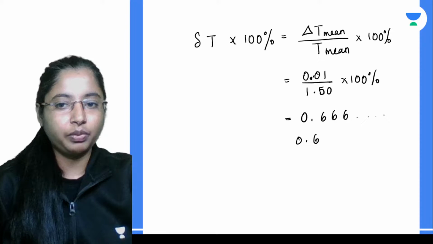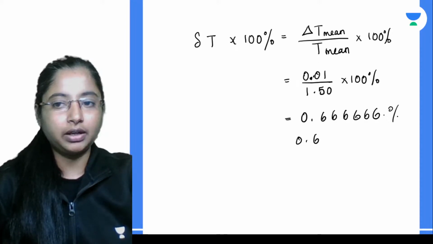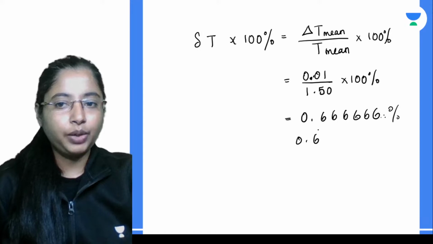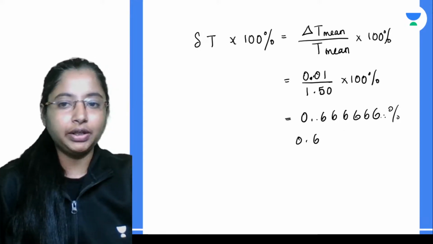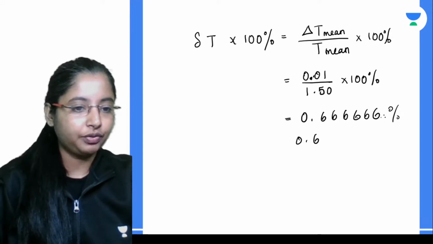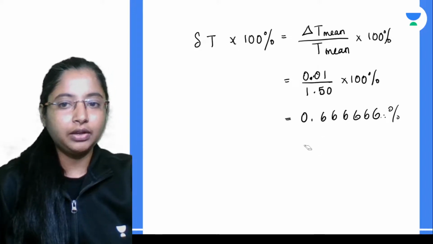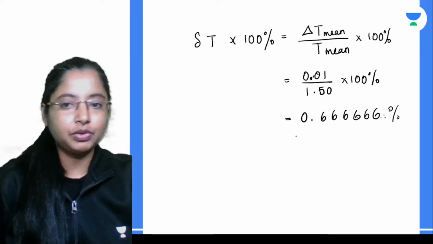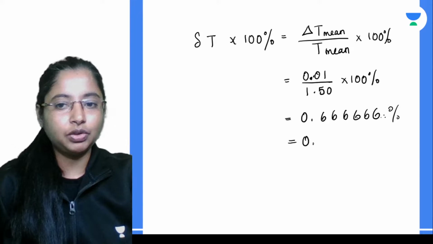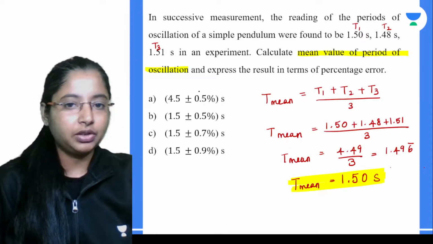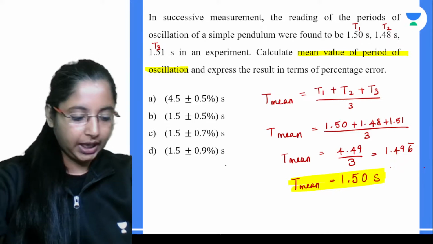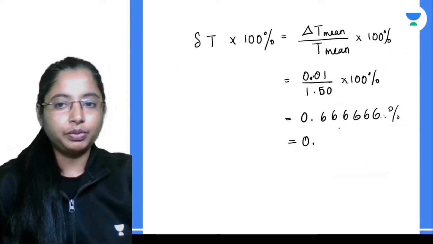So this is 0.66666, right? This will tend to recur. There are so many digits, so we can give it in terms of one single percentage over here. 0.6 is not in the answer, so we can actually round it up, because it is greater.